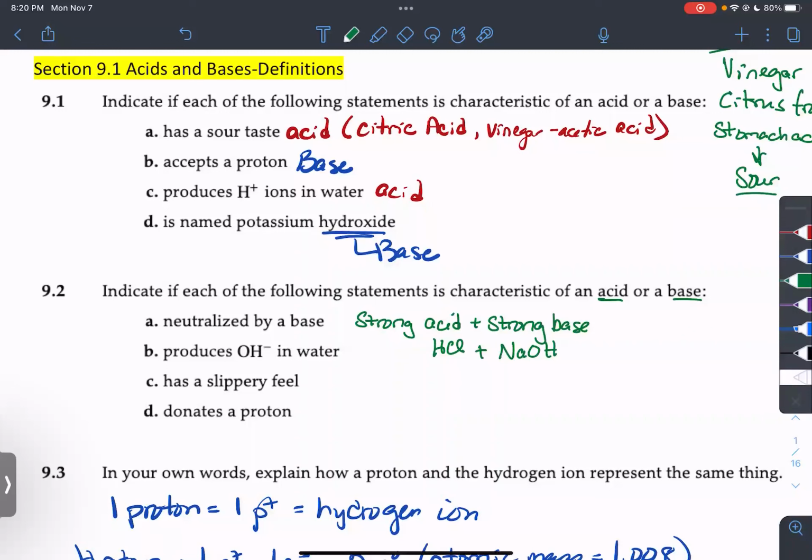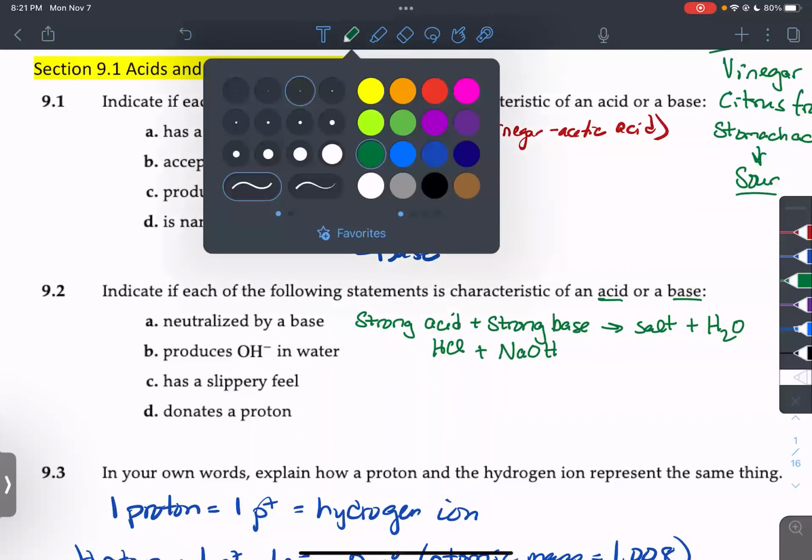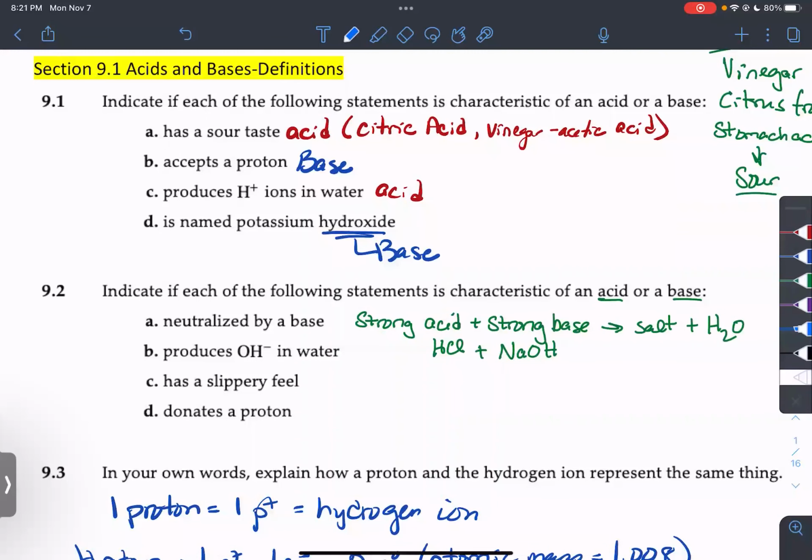Well, all you do is you add the two together, and you're going to make a salt plus water, right? It's not table salt, but it is a salt. So how do you get a salt from this? Well, it's just like a double displacement reaction, right? So you have sodium, that's a positive, Na plus, and then you have Cl over here, which is Cl minus.